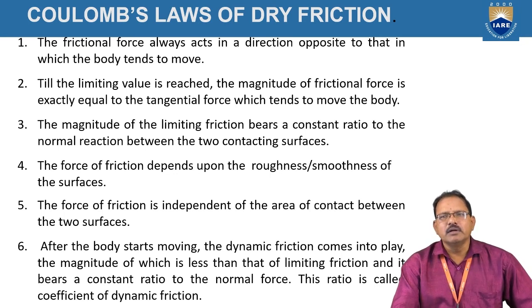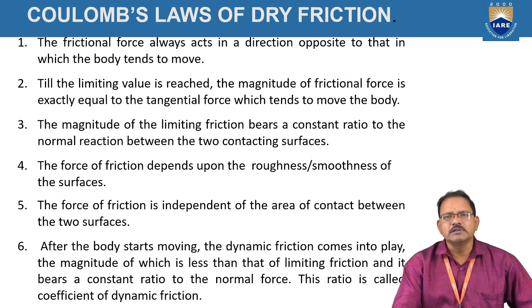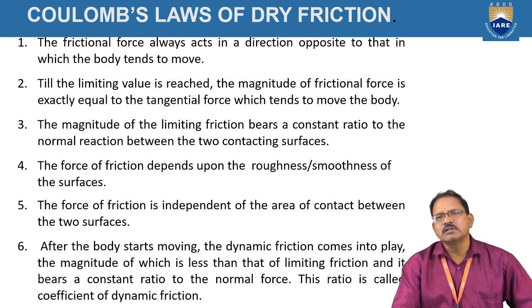The magnitude of the limiting friction bears a constant ratio to the normal reaction between the two contact surfaces. This constant is called the coefficient of friction. Generally, it depends upon the surface roughness of the contact surfaces.